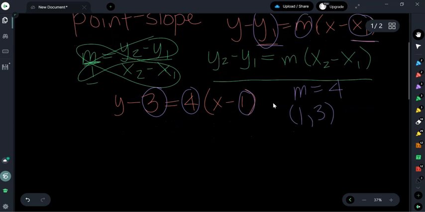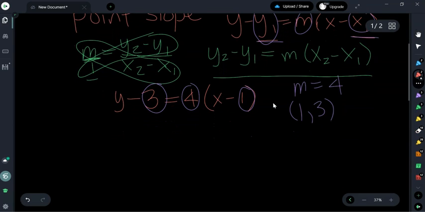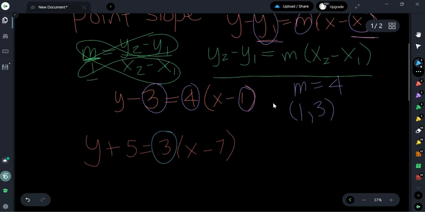So let's look at another example. I'm going to give you another equation. Let's say I have y plus 5 equals 3 times x minus 7. So again, point slope. Slope is 3. That's the slope of my line. And this line passes through the point, you go opposite, 7.